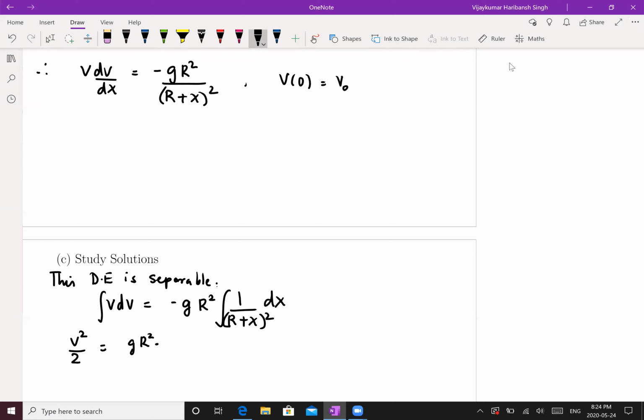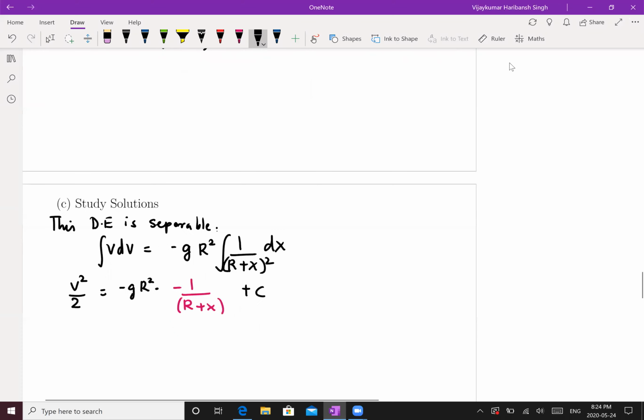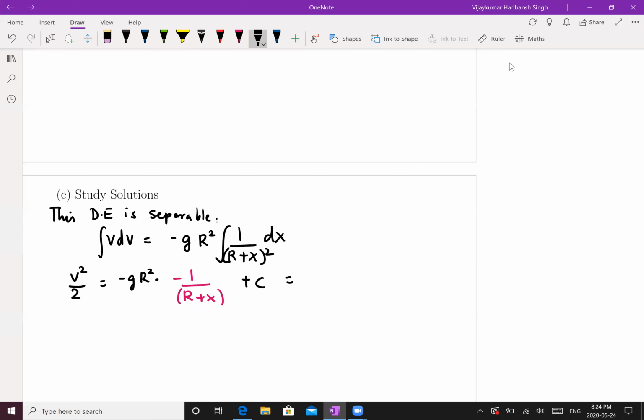If you use the substitution rule or generalized power rule for integrals, with this minus sign, the integration of this is minus 1 upon r plus x, and then plus c. So this is my integration in red, which simplifies, of course, to g r square upon r plus x plus c.